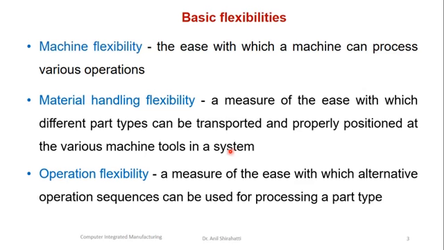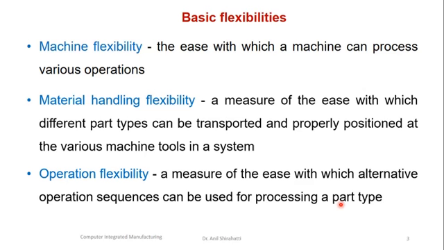And the third one is operation flexibility, a measure of ease with which alternative operation sequences can be used for processing a part type. So all these three basic flexibilities, that is machine, material and operations, are very important.